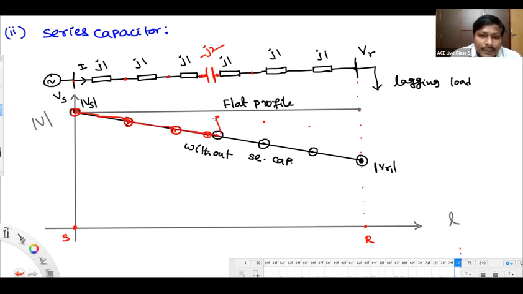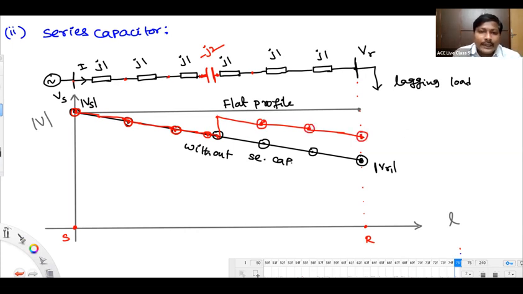So the voltage profile will be rising like this, then again it starts decreasing, and finally it will reach some value like this.